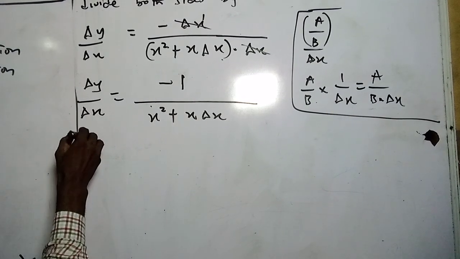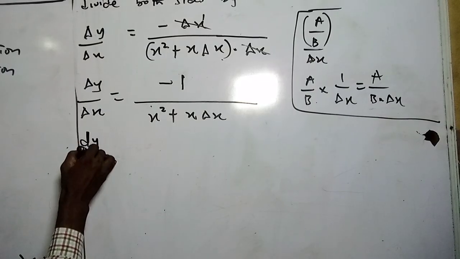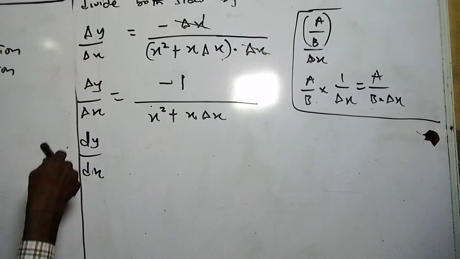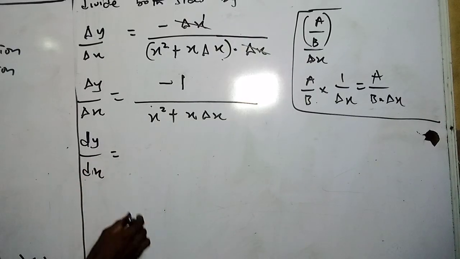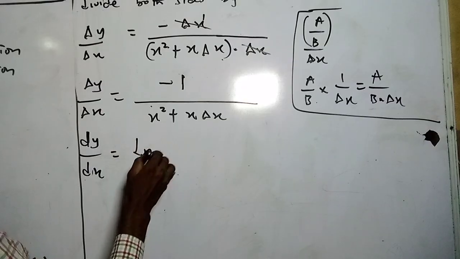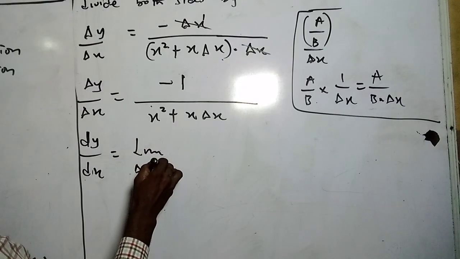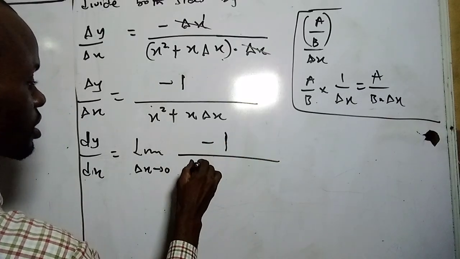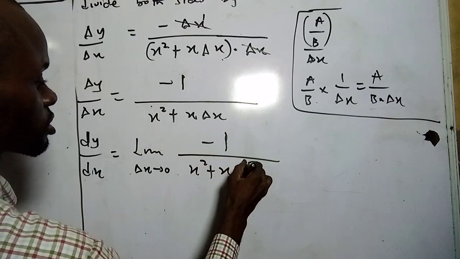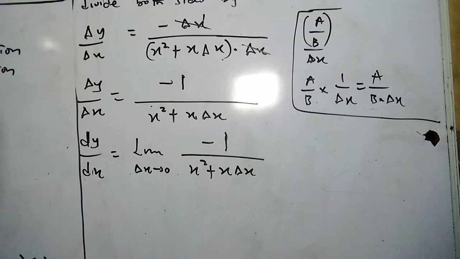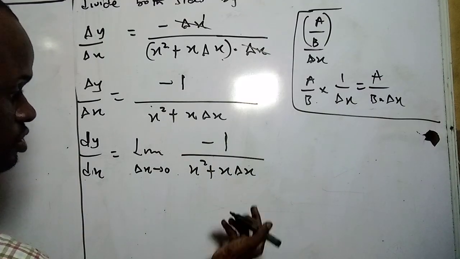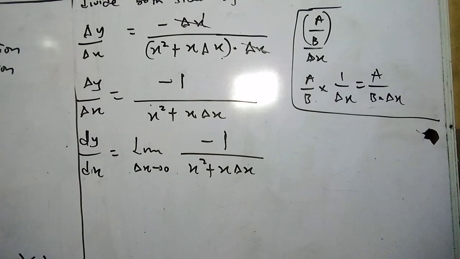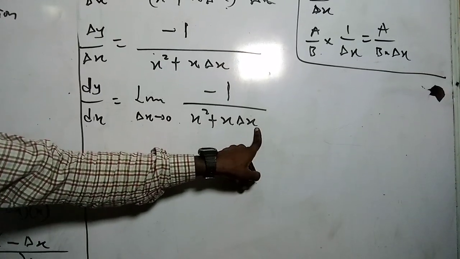So the next thing to do now is to find out the minimal change, which is the one of dx. To get that, I have to limit this dx to 0. So I have minus 1 all over x squared plus x dx on this side here. That means this dx has to be limited towards 0. What are we going to have? We limit only the dx here to 0.